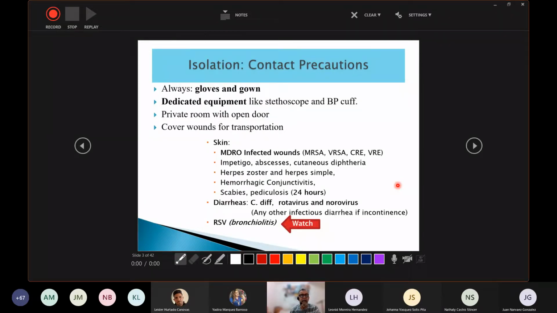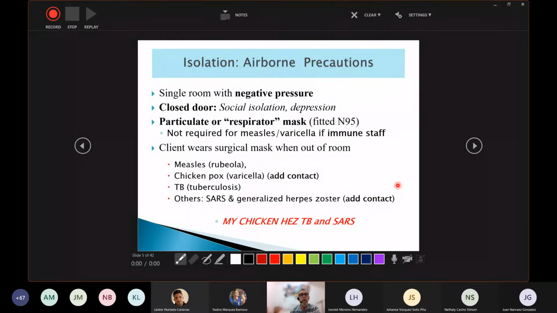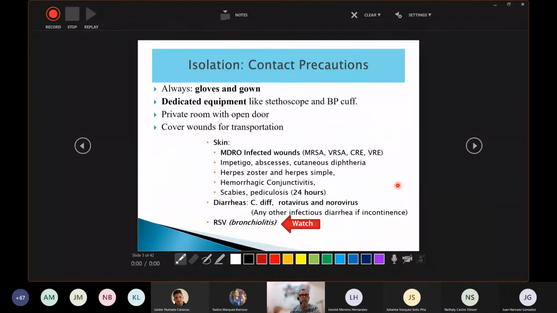But if the client has an infectious disease that requires contact, droplet, or airborne precautions, they cannot be cohorted in the same room with other clients.